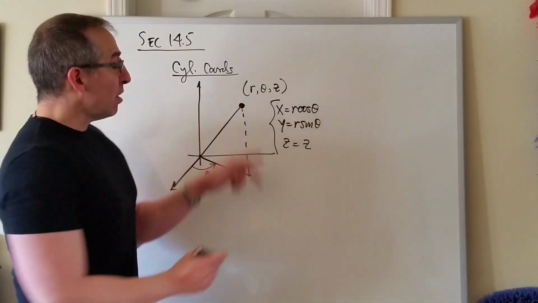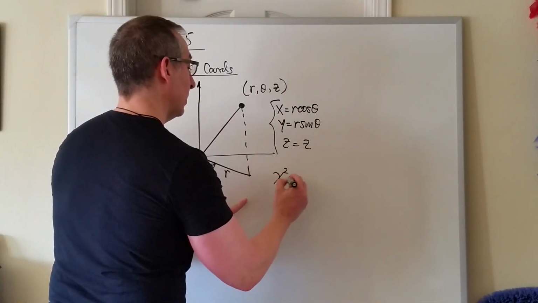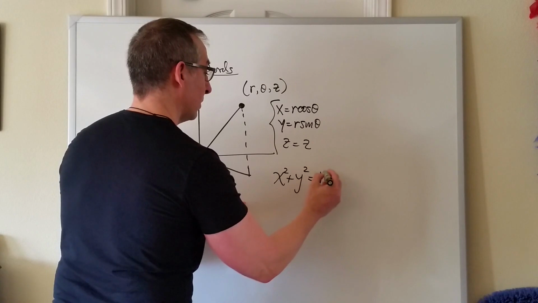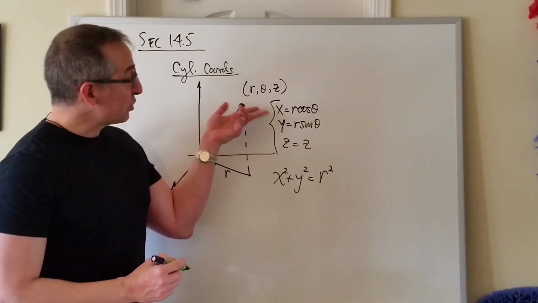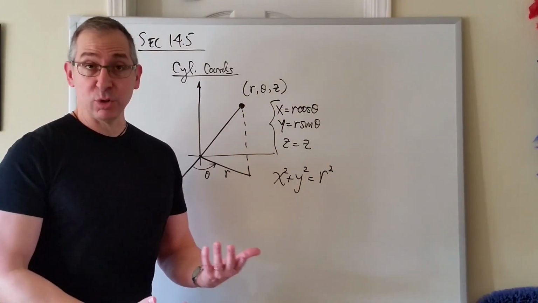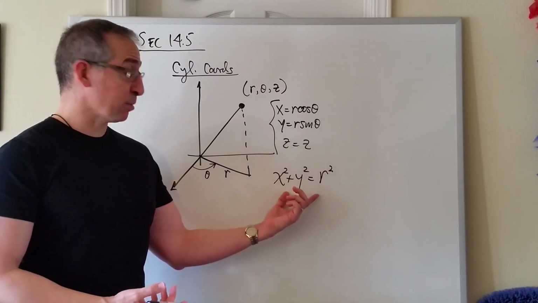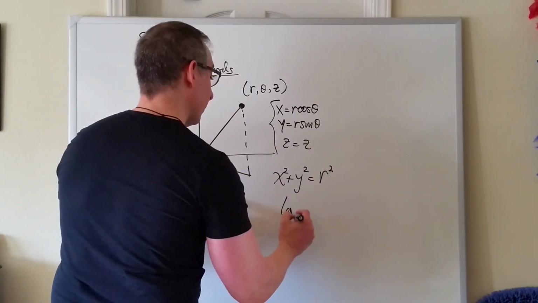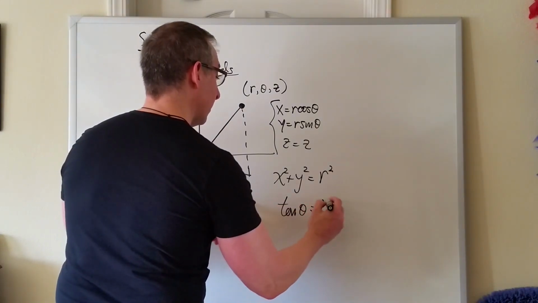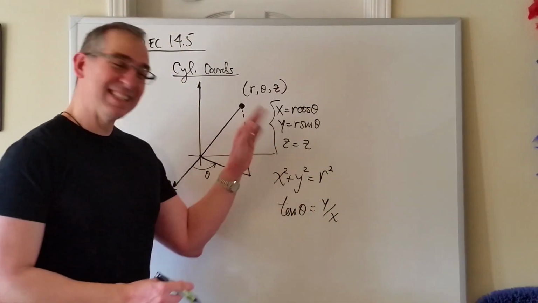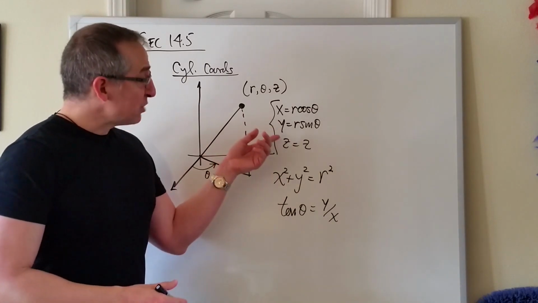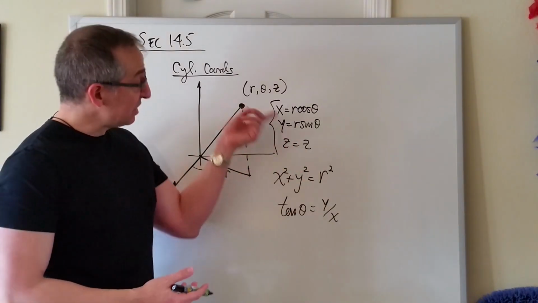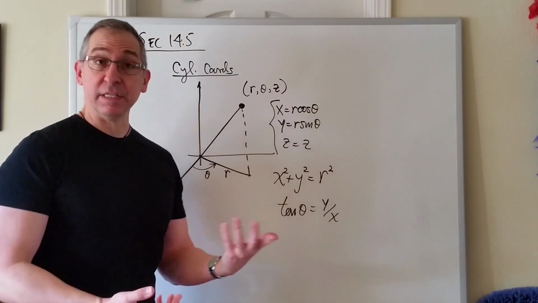Remember also, when we square these two equations and add them together to eliminate the parameter theta, we come up with x squared plus y squared is equal to r squared. So it's kind of business as usual, but as we'll see in the next couple of examples, this will help us when we're solving triple integrals.